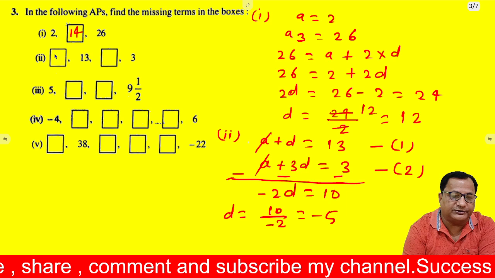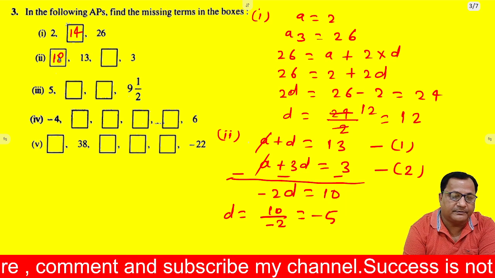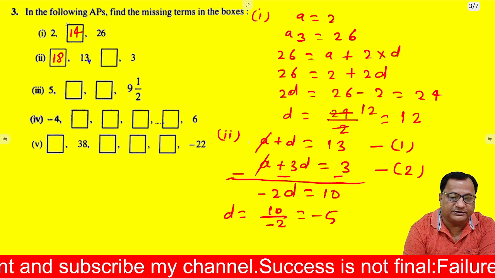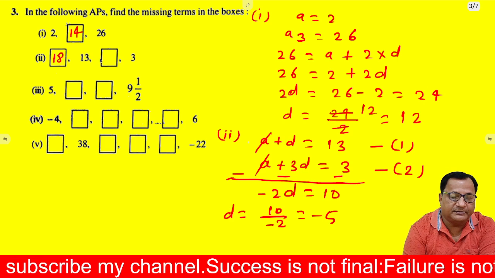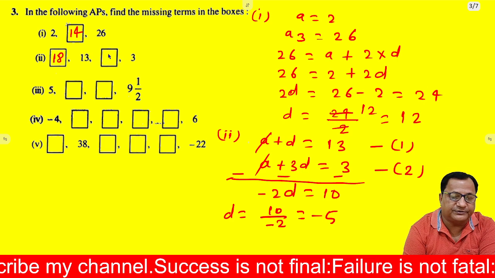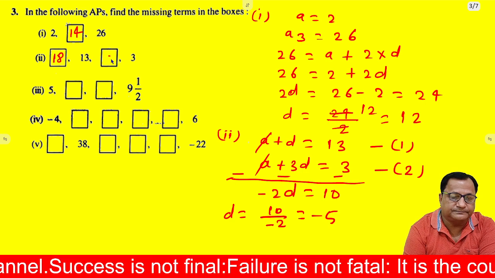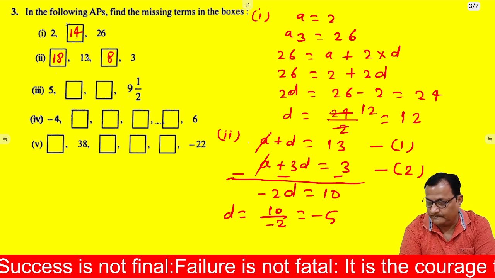So the first term is 18. Then 18 minus 5 is 13, and 13 minus 5 is 8.